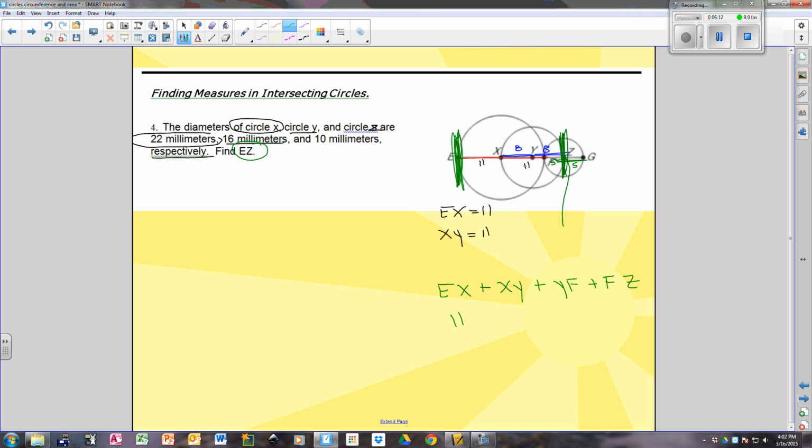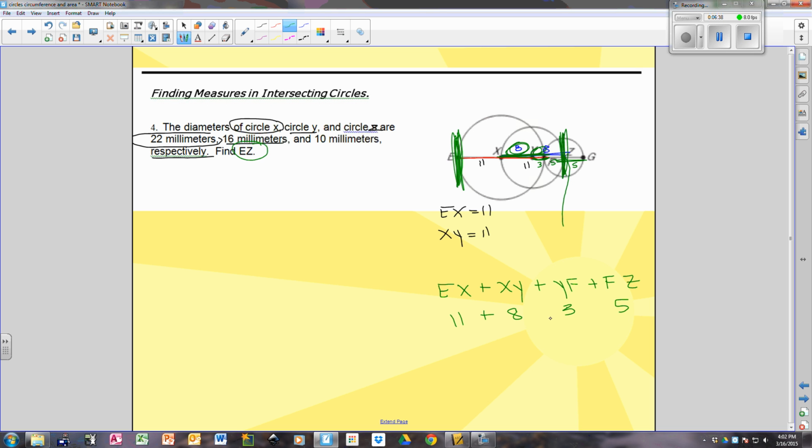I know from X to Y is 8. From Y to F, this little piece here is going to be 3, because if the whole thing is 11, and then this piece is 8, then the leftover piece is going to be 3. And then from F to Z is 5, because it's half.